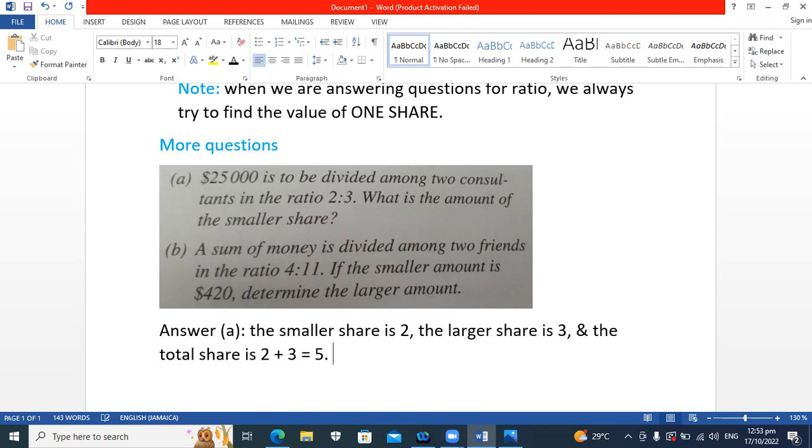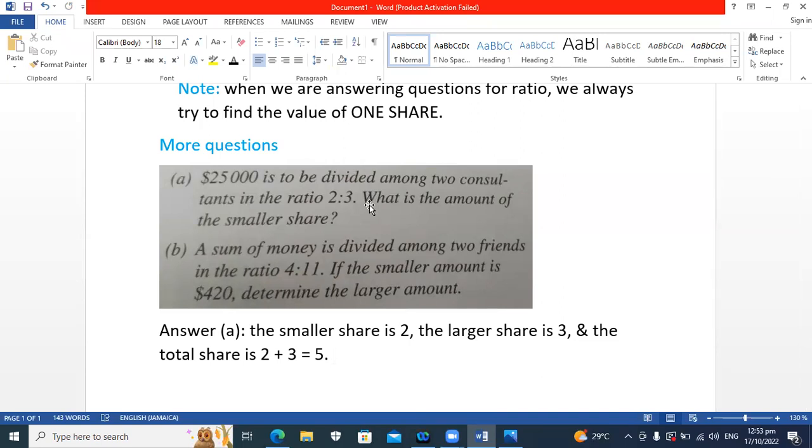All right. Now, would you also agree with me, because the question says 25,000 is to be shared among the two consultants, that the 25,000 should be shared among the total?